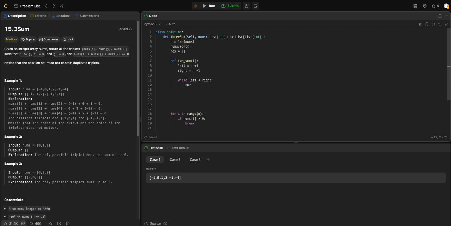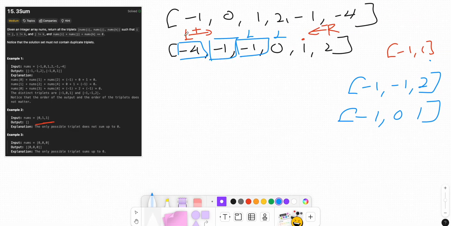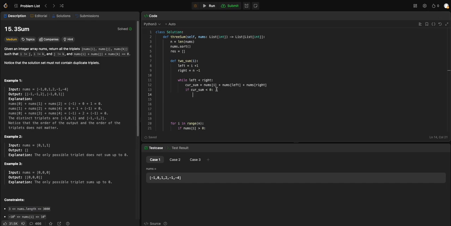The current sum will equal nums[i] plus nums[left] plus nums[right]. If the current sum is less than 0, we move left forward, left plus equal to 1.